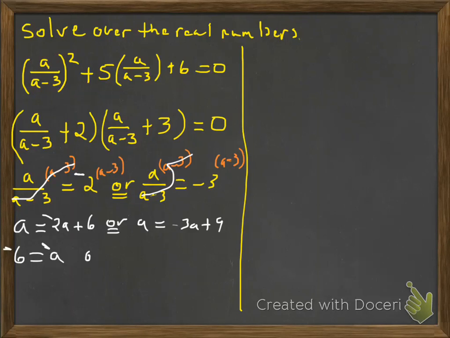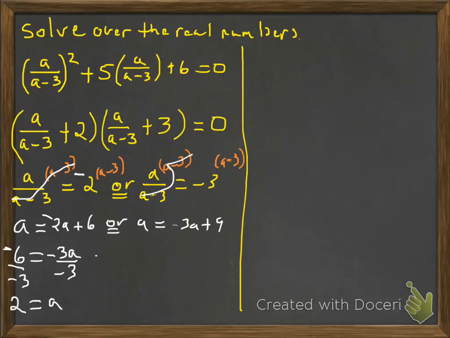Oh wait, did we make an error here? No, yeah, we did. Okay, let's fix that. When we subtract a, that should be minus 3a. Sorry about that. Okay, and then we'll divide both sides by minus 3, and we'll get 2 equals a.